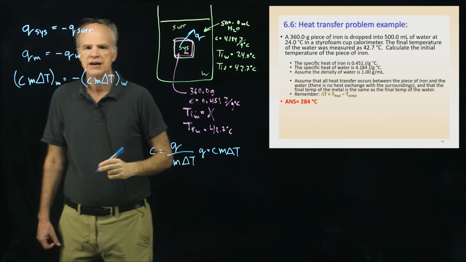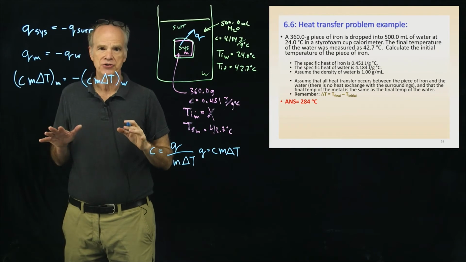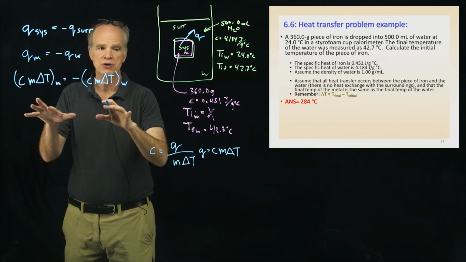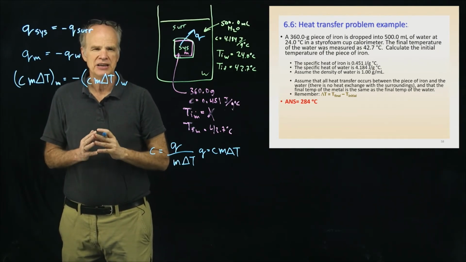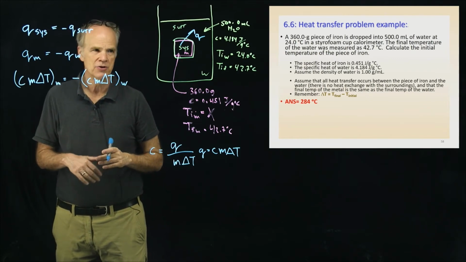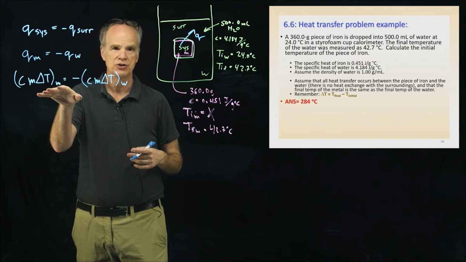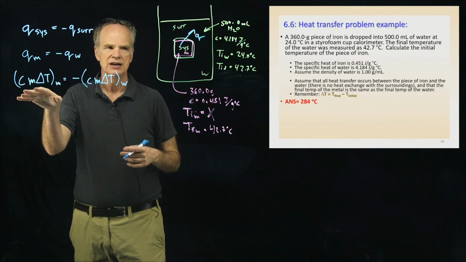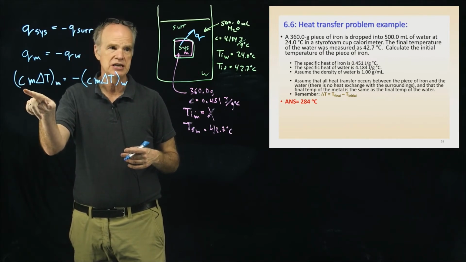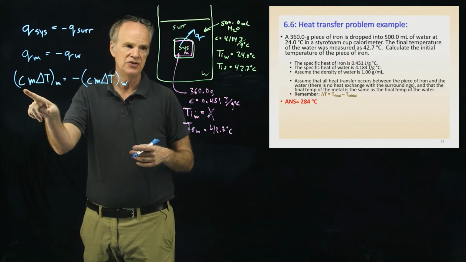Okay. Now, let's go ahead and substitute some values into this equation, and then I think it will become more clear how to solve the problem. I'm going to focus right now on the left side of the equation, which is for the metal. So are we given the specific heat of the metal? The answer is yes.